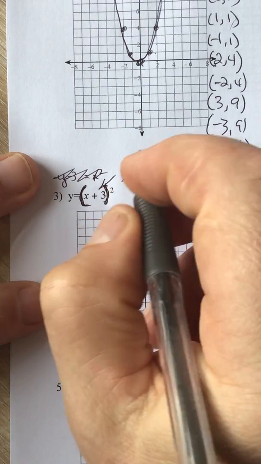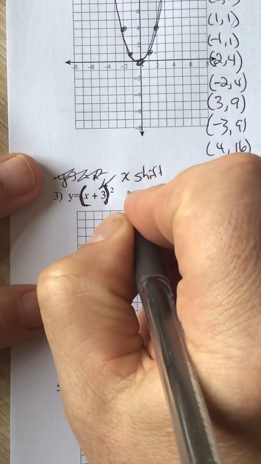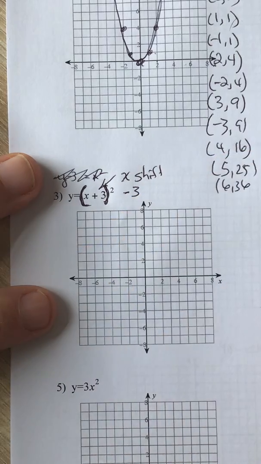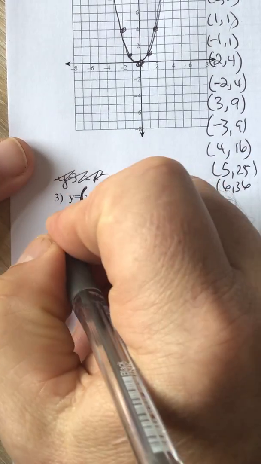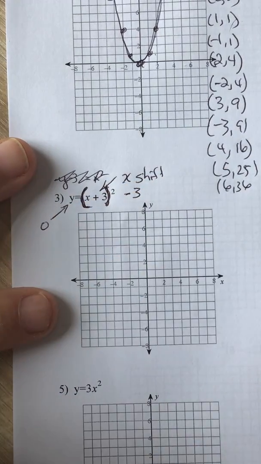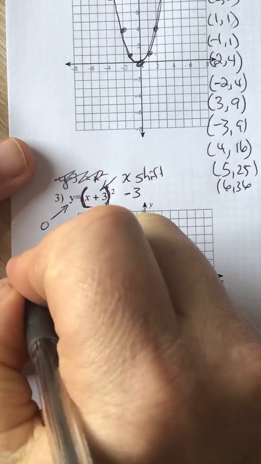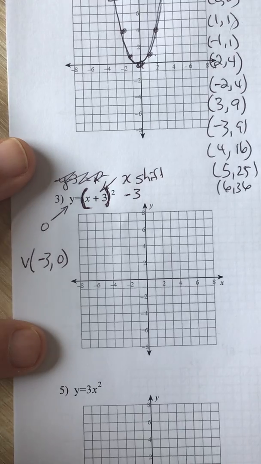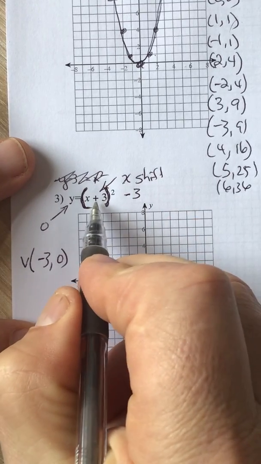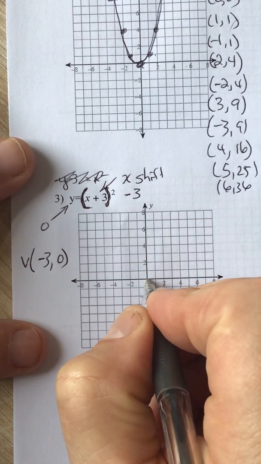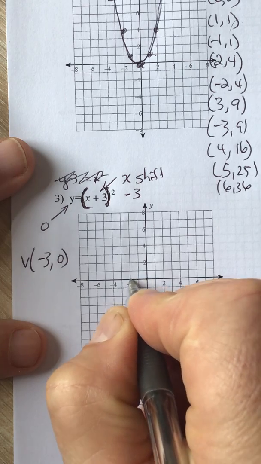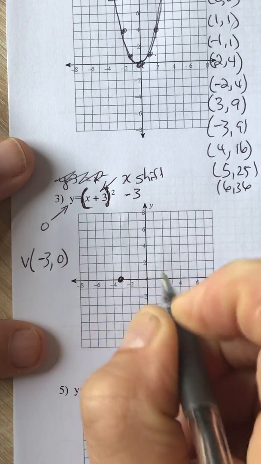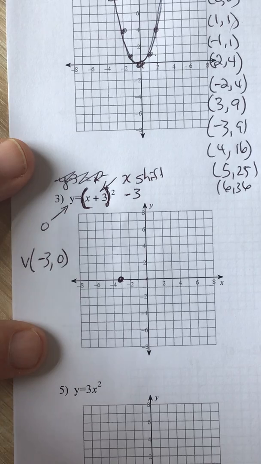Okay, so we know what this x shift is. Remember, it's the inverse. That means it's going to be a -3 for the x's. And notice the y has no shift on it, so there's 0 shift for the y. So that makes this vertex x at -3, y at 0. So all this 3 did was move it to the left 3. So instead of being at the center, the vertex is now at -3. And there's been no shift on the y.